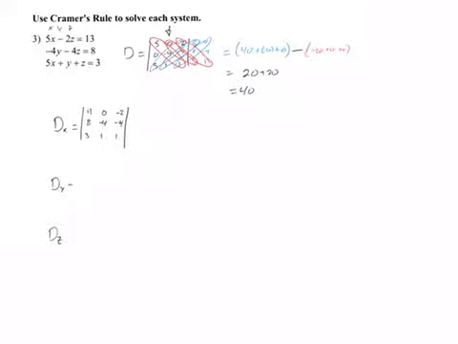This one is going to be 5, 0, 5, 13, 8, 3, negative 2, negative 4, 1.